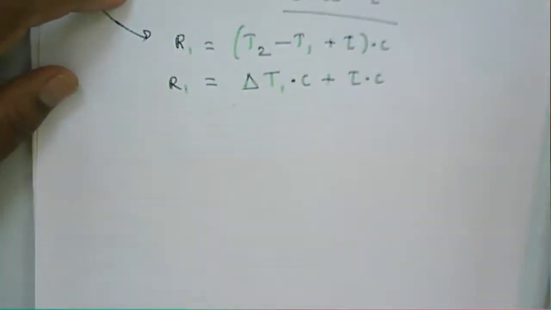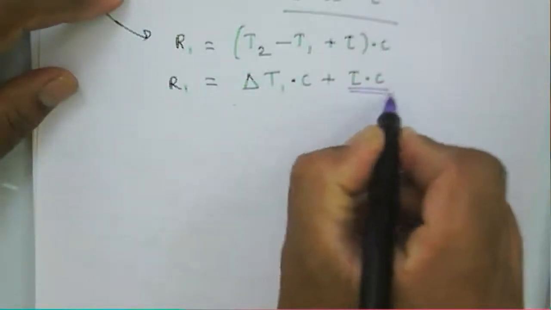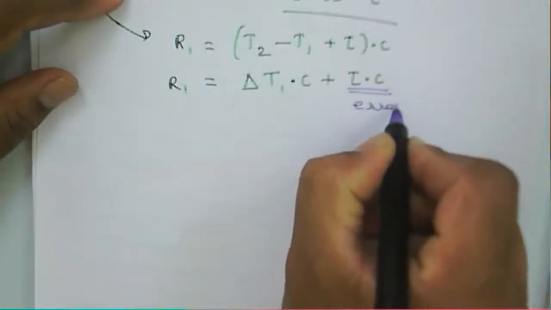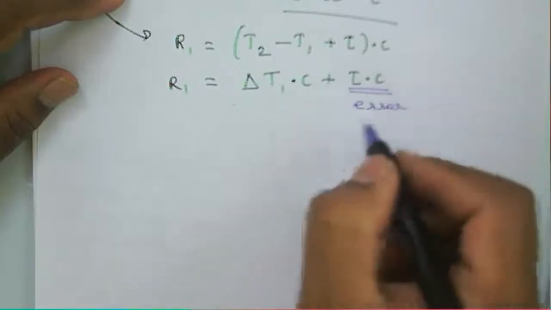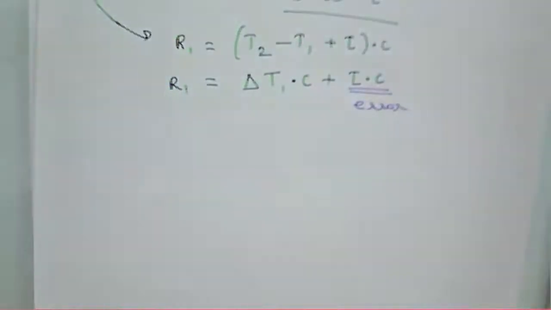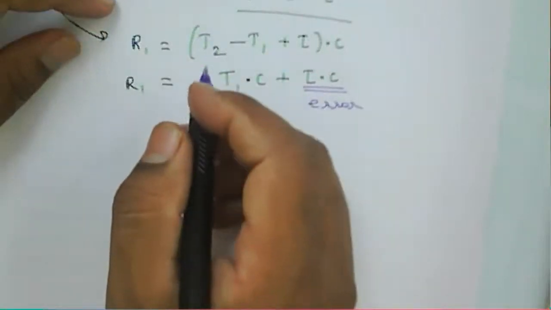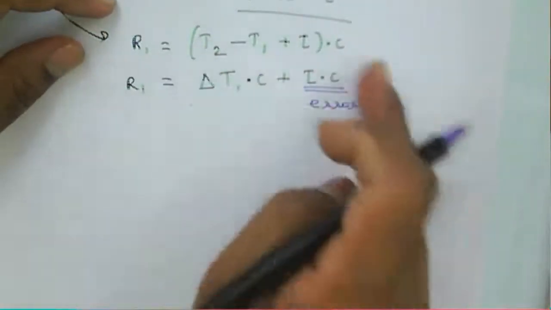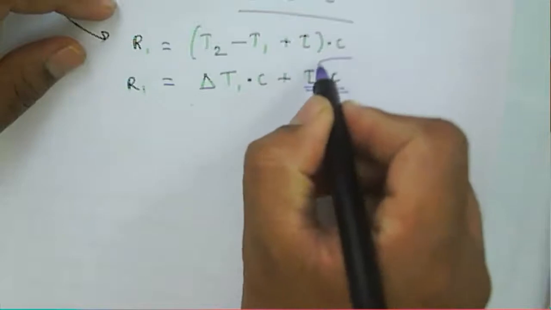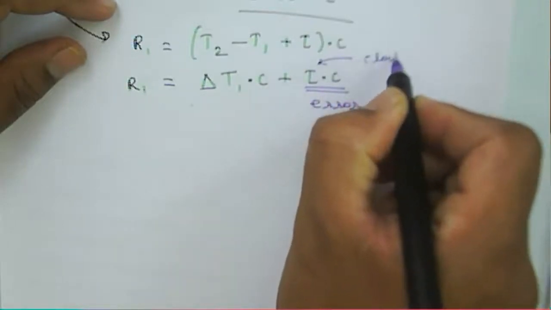This part is nothing but the error. That error is measured in the delay in the range equation, and that error is obtained with respect to the clock offset.